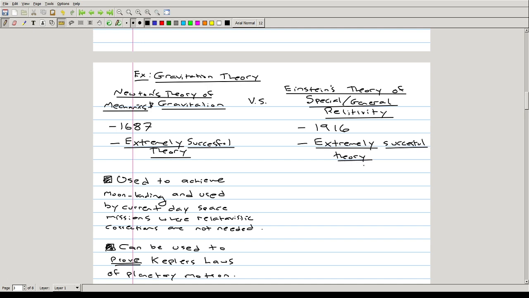This is definitely a very, very big theory because it fundamentally changes the idea of space and time.